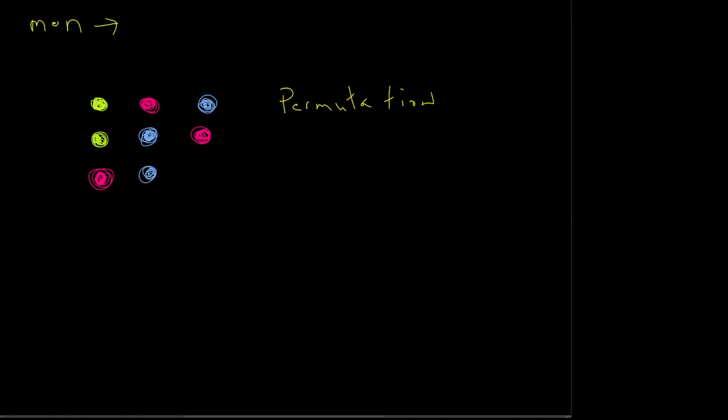But once I've picked blue, my only other option left is my green. Well, from pink, I could have picked green second, which would have left me with my blue. And so now I've had both patterns where I started with green and both patterns where I started with pink.